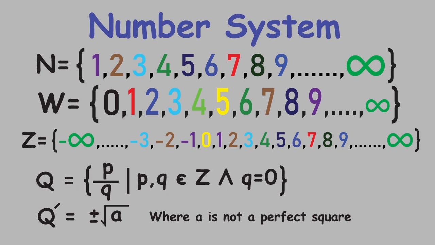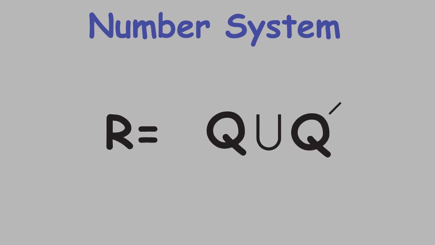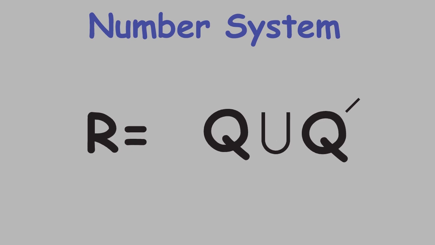But the irrational number set is independent. So dear students, combining the rational and irrational number sets, another set is formed, which is the real number set. So real numbers contain all the rational numbers and all the irrational numbers.